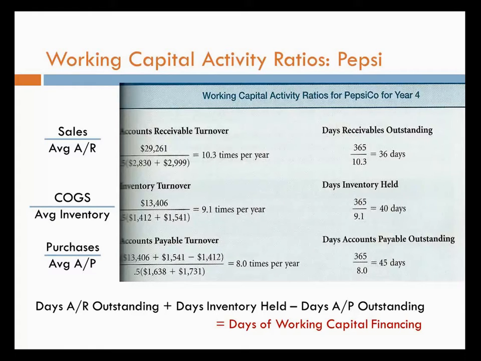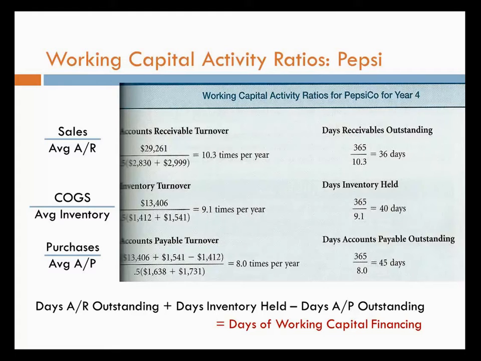So 365 divided by 10, so it takes 36 days for you to get paid your receivables. I think this is Pepsi, so it takes 36 days for Pepsi to get paid their receivables.